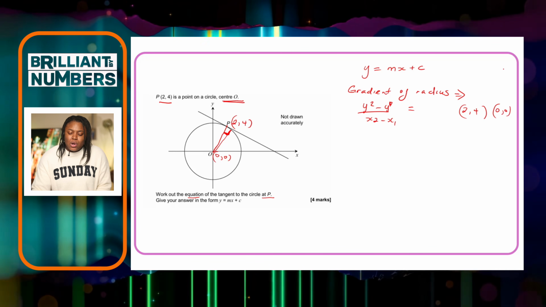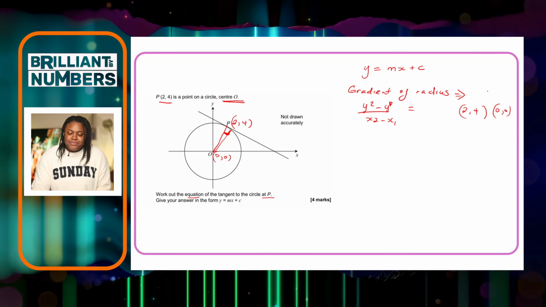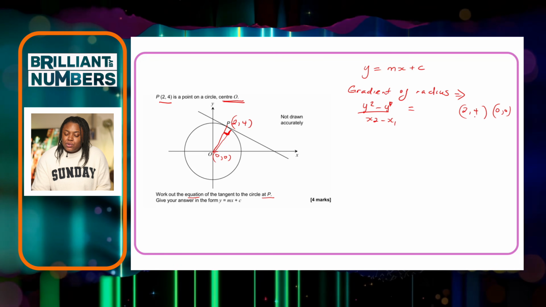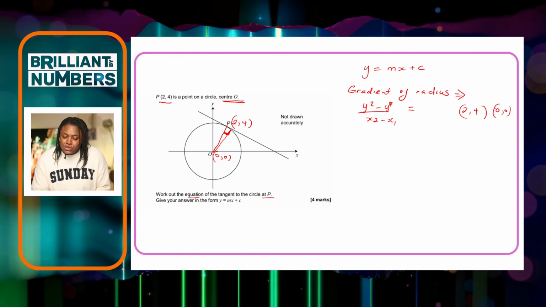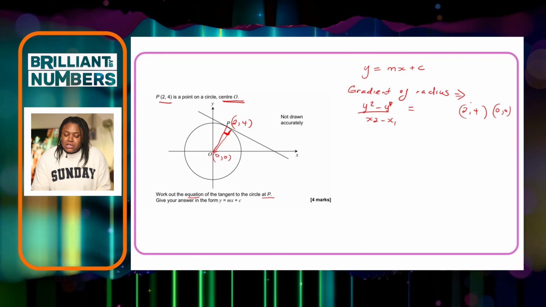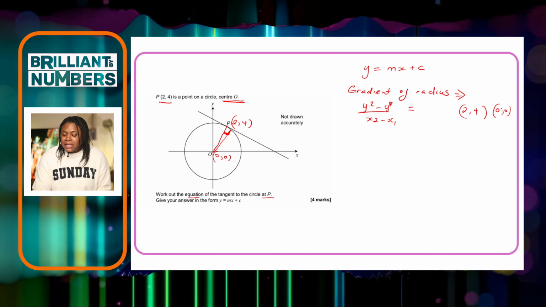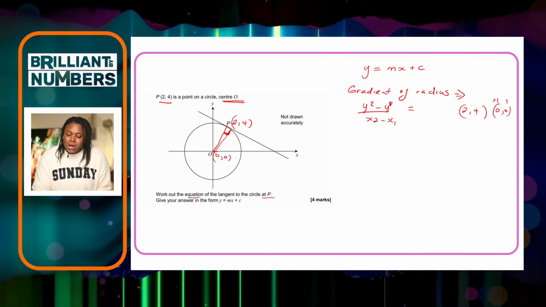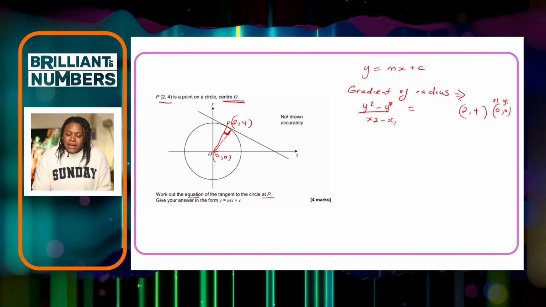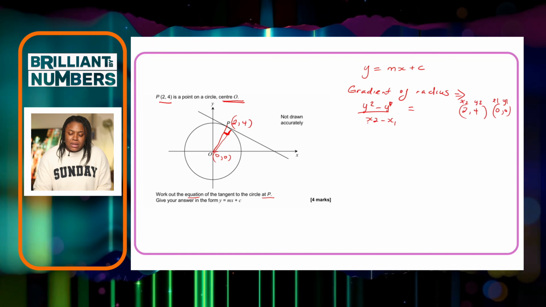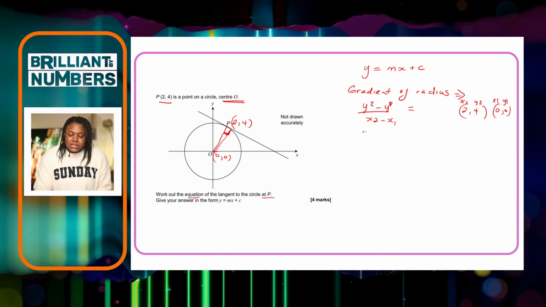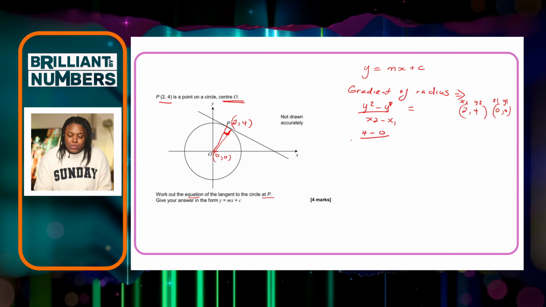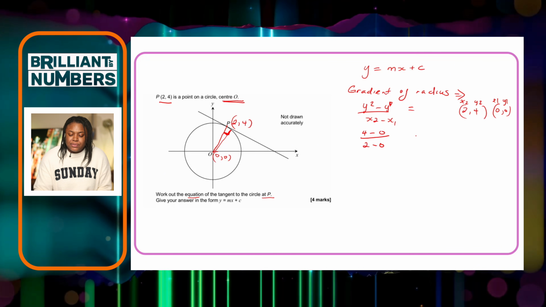If I do y2 take away y1 and x2 take away x1, it doesn't matter which pair you call the x1s and the y1s. It's easier for me to call this one the 2s and this one the 1s. So x1, y1, x2, y2. So I'm going to do y2, which is 4, take away 0, divided by x2, which is 2, take away 0.